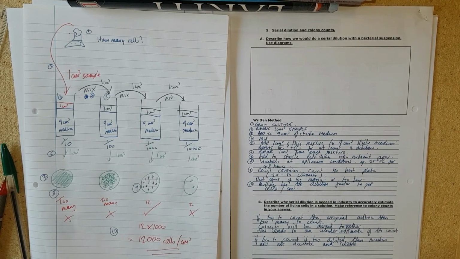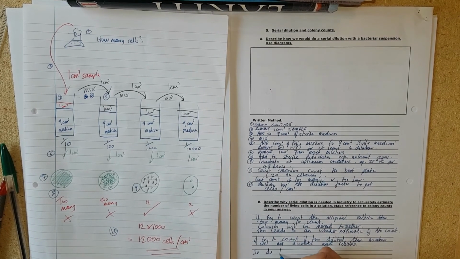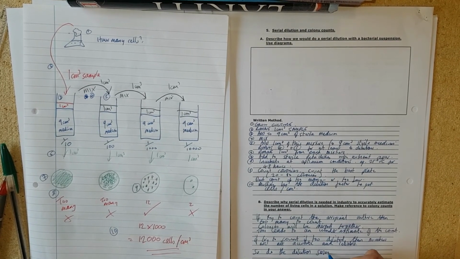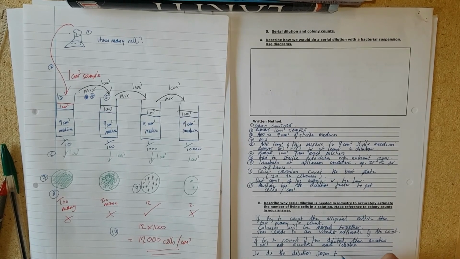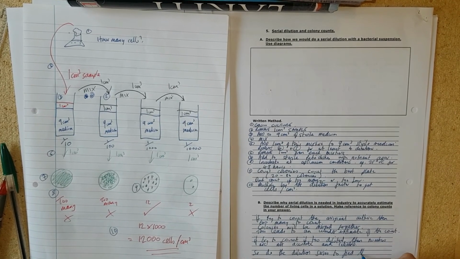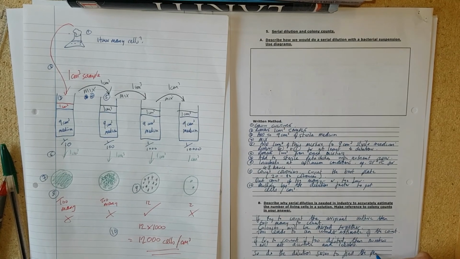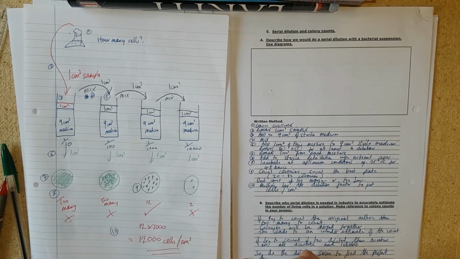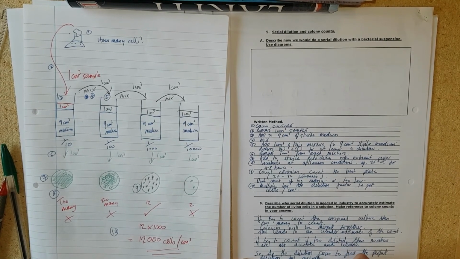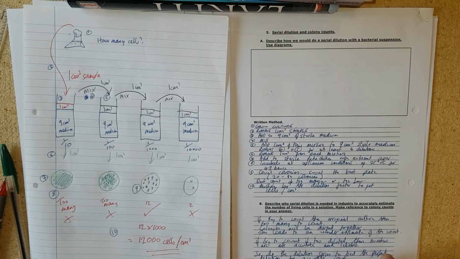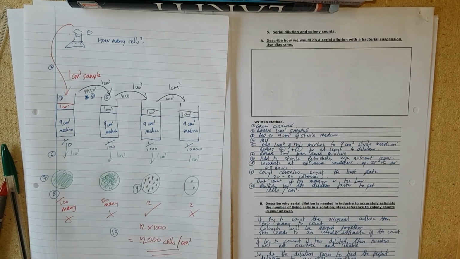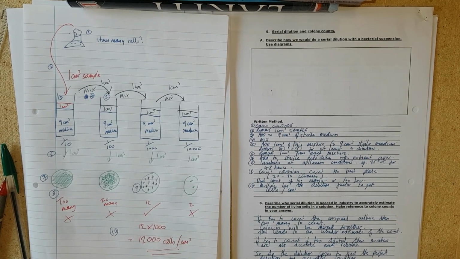So overall, we do this dilution series because we don't know how diluted it needs to be for the perfect count. So do the dilution series to find the perfect dilution for accurate counting. And that's D2.